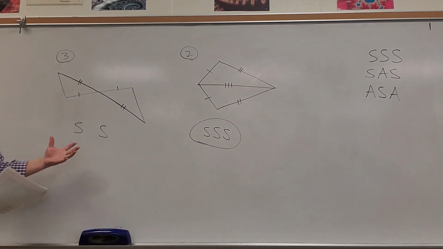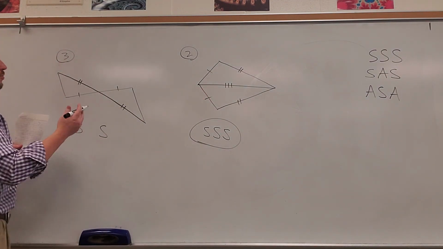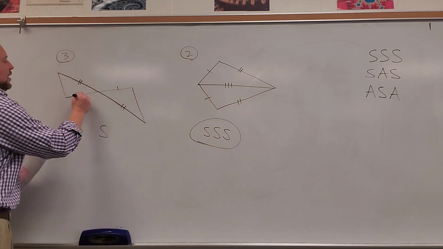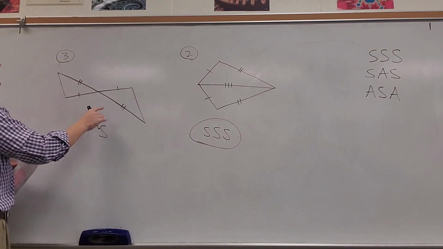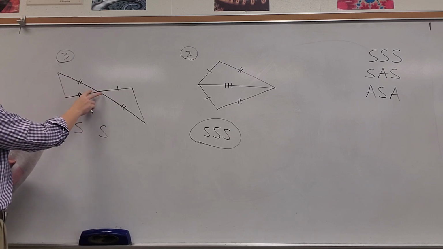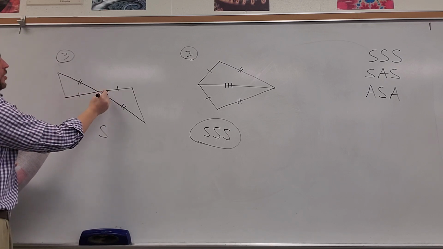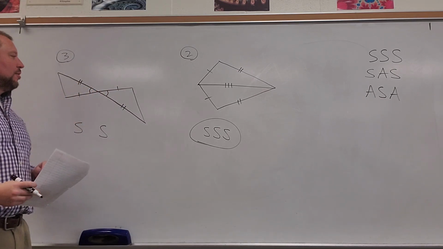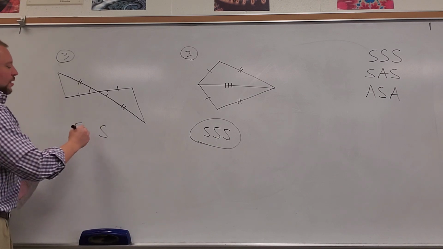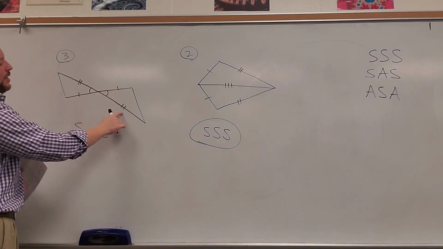And when you look at this one, they don't share a side like that one did, but you hopefully notice the cross pattern here that forms an X, and right at this intersection is a pair of vertical angles. So if we mark those vertical angles congruent, that gives us an angle that is right in between the sides.